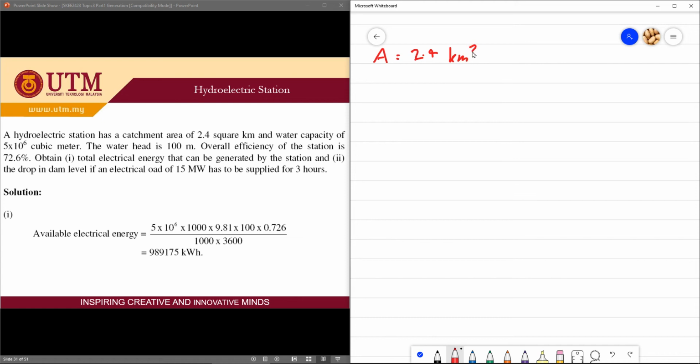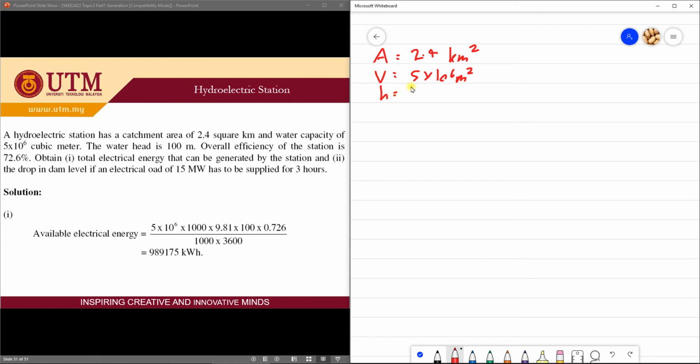This one is not in SI unit, so be careful, this is in kilometer square. And the capacity of water, the volume, is 5 multiplied by 10 to the power of 6 cubic meter. This one is in SI unit, so no need to worry.